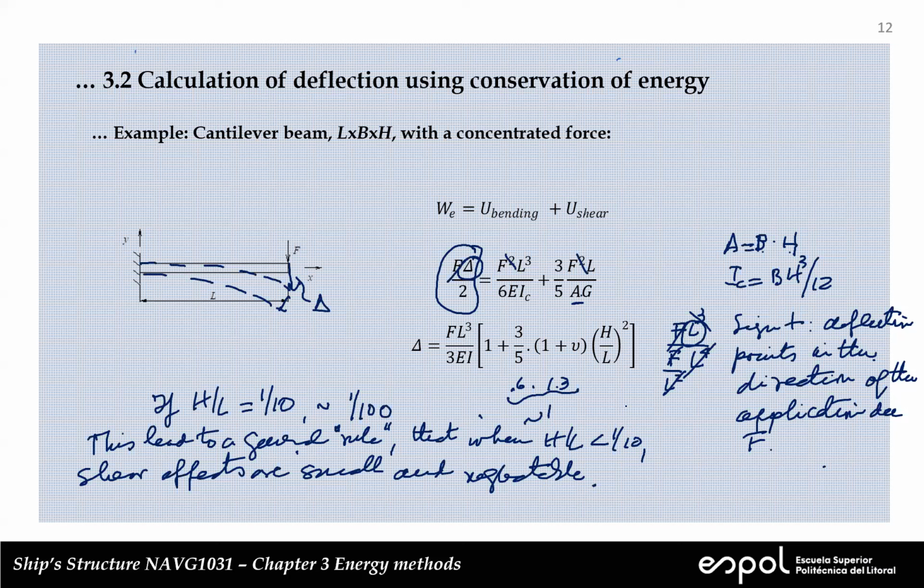That's above 1/10. That means that in general, okay, we should think about the influence of the shear in the case of the hull. Okay, so that's the final comment on this thing.